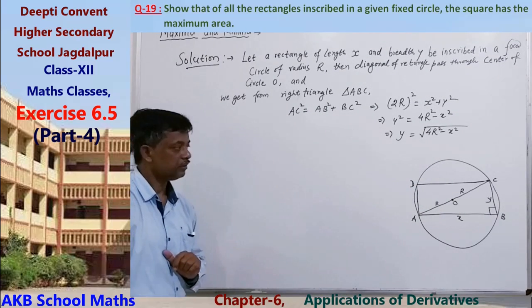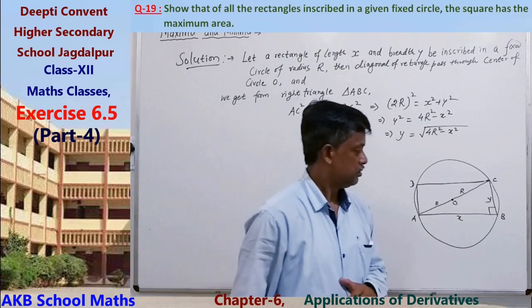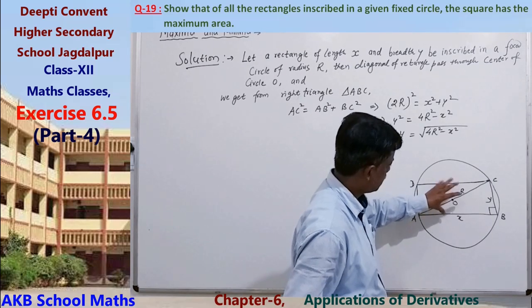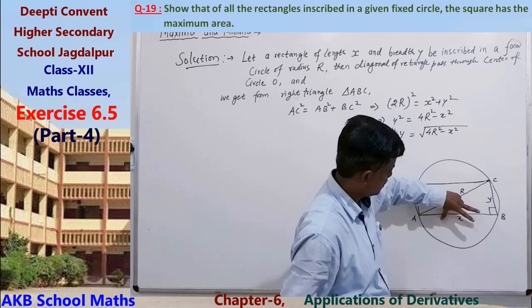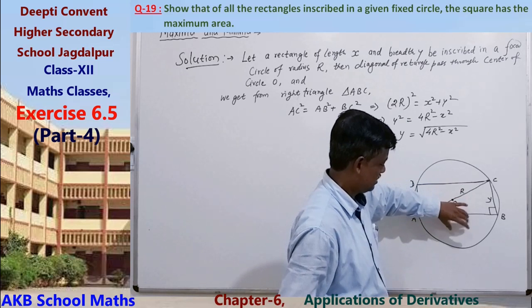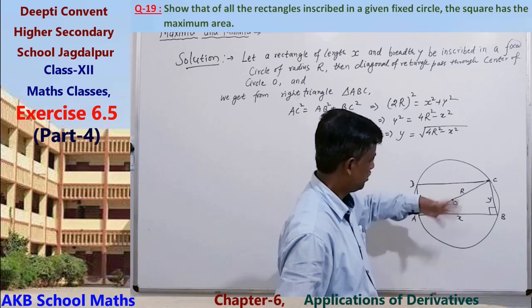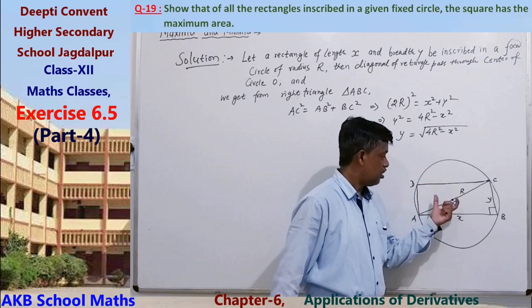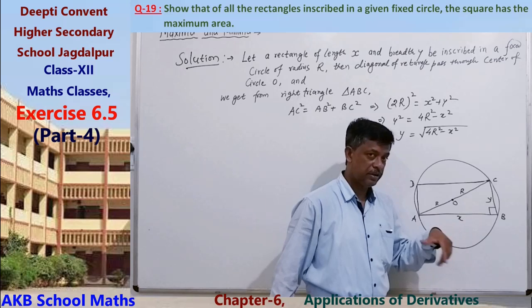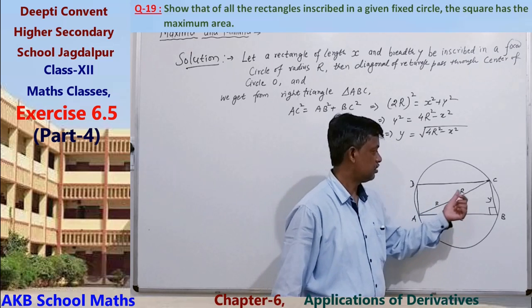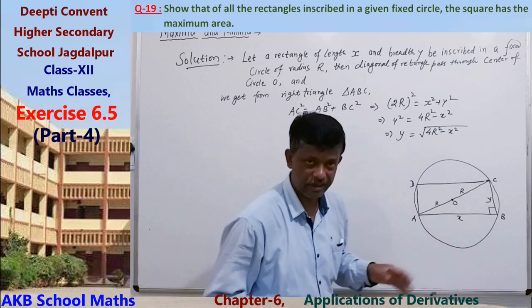Now we have to prove that you can make rectangles of different sizes. X may be reduced, may be large, and Y accordingly. So the area of this rectangle will be maximum when the rectangle is a square, that is X equals Y. We have to prove it.